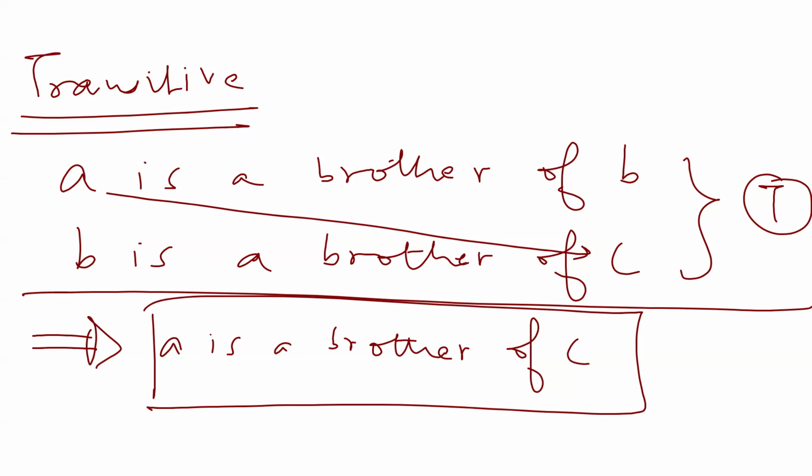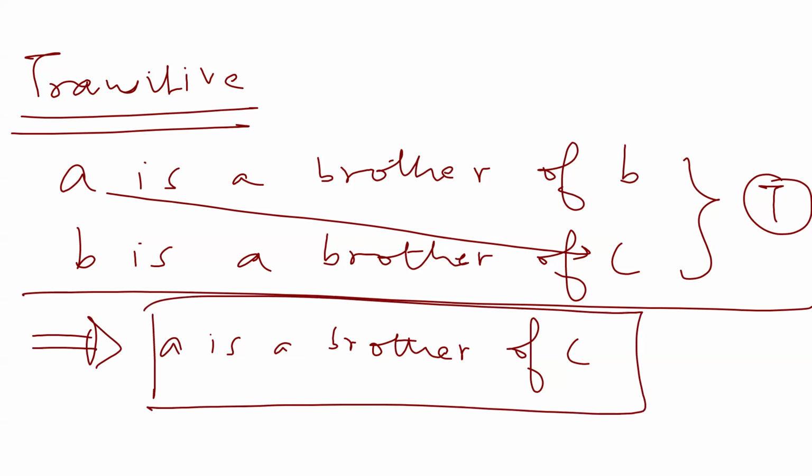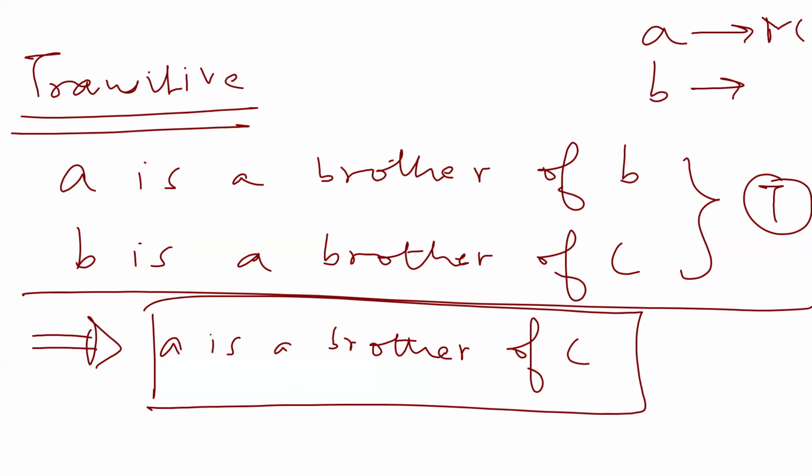Come on, tell me, guys. What do you feel? This really does not require any explanation. A is a brother of B. Please tell me the gender of A. A is a male. B is a brother of C, so what is the gender of B? Male.